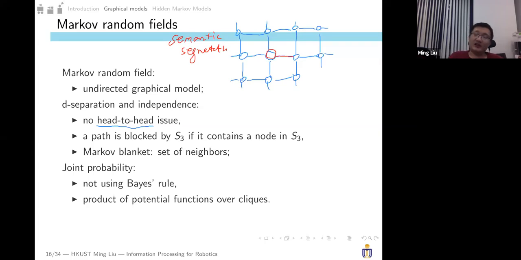So you don't have this causal and consequence relationship. That's why you don't have a head-to-head issue.